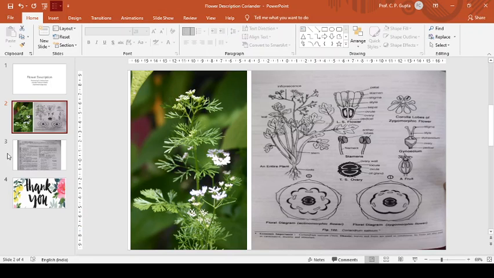Now we come to the description. It is an annual herb and also a cultivated herb having branched taproot system. Stem is herbaceous, erect, cylindrical, branched, angular, green and aromatic. Some essential oil is present in the stem and leaves of the plant.